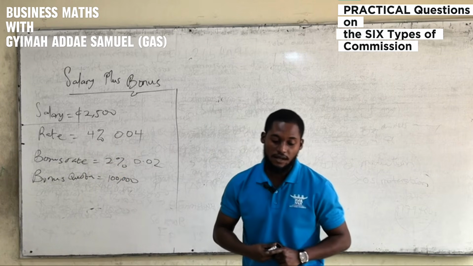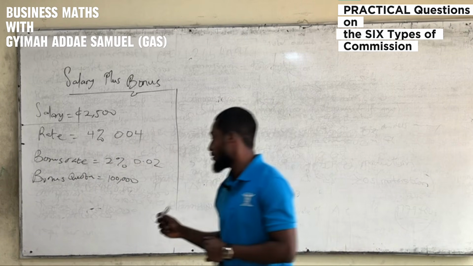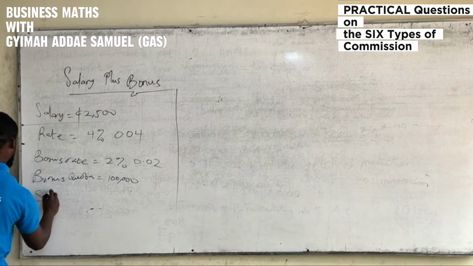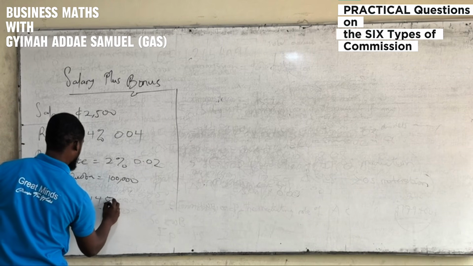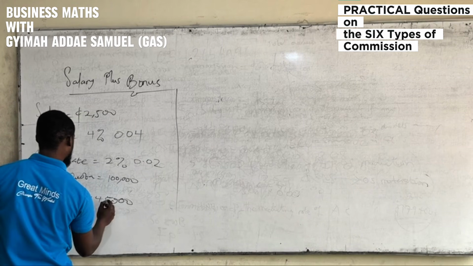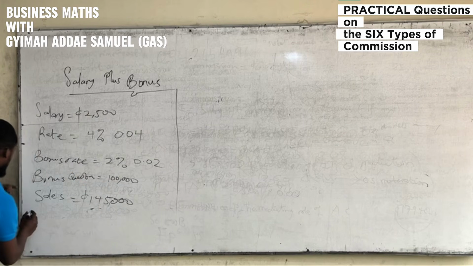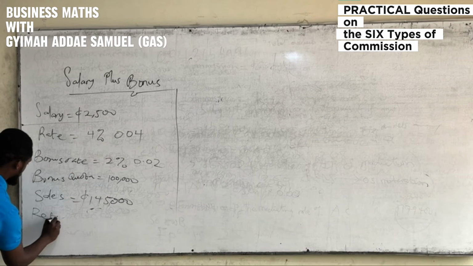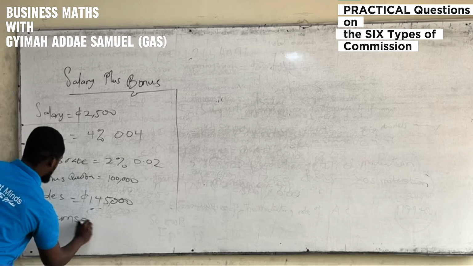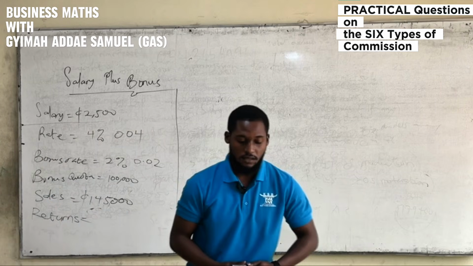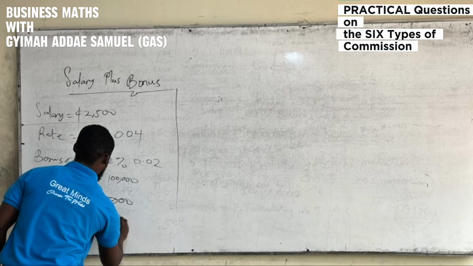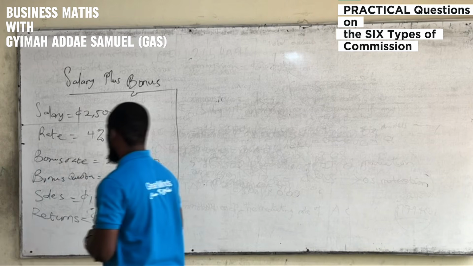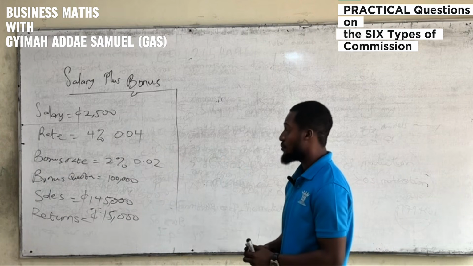Sales was given to be 145,000 Ghana cedis. And in this question, there were returns. And returns is 15,000 Ghana cedis. So we would have to get our commission first.